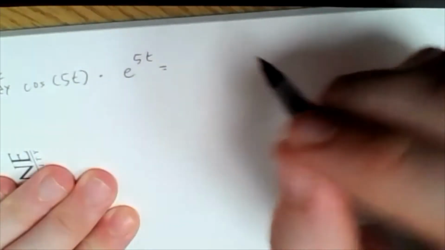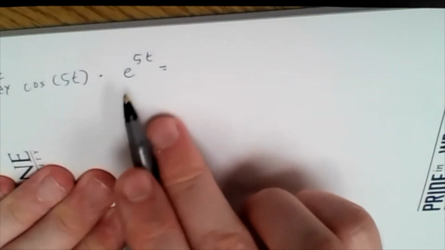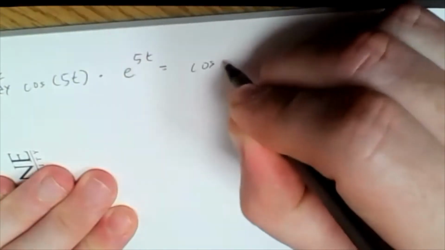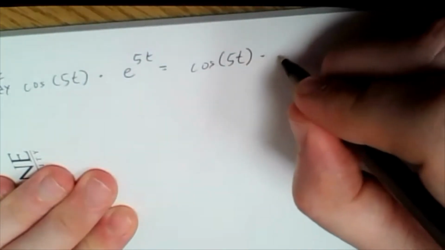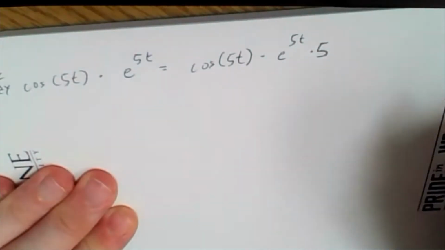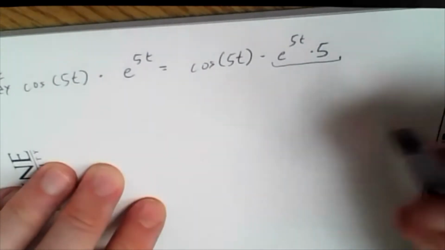So first I say, take my original function, multiply by a derivative of e to the 5t. And I know that that derivative must be e to the power 5t times 5. There's sort of a hidden chain rule in this problem.